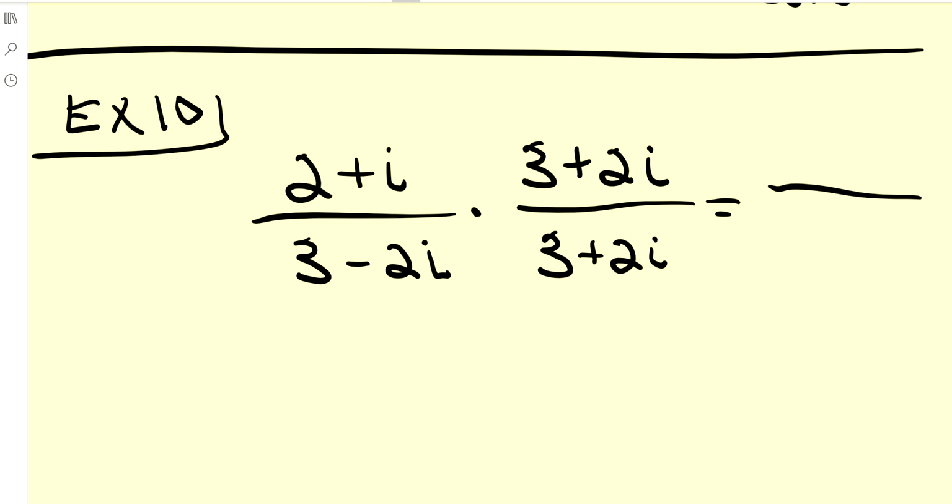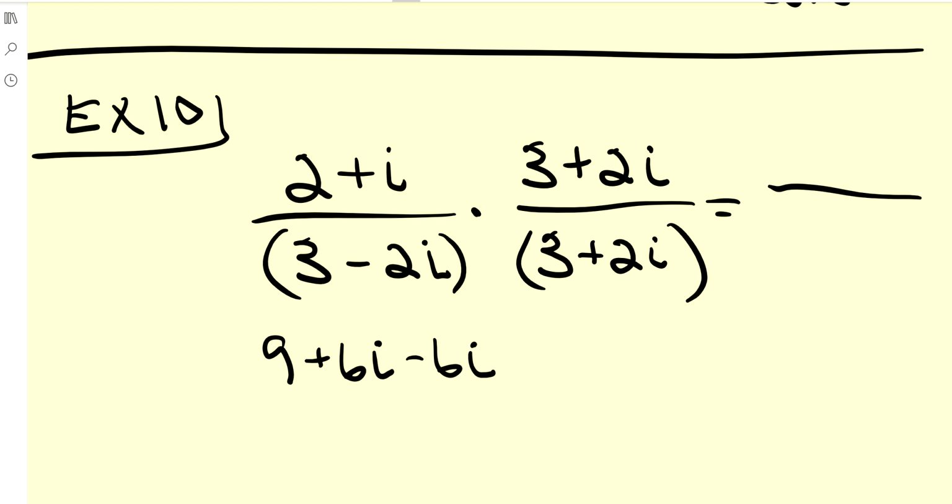All right, so if I multiply these denominators, I'm going to FOIL that. So 3 times 3 is 9. 3 times 2i is positive 6i. Inside is negative 6i. And then negative 2i times 2i is going to be negative 4i squared.